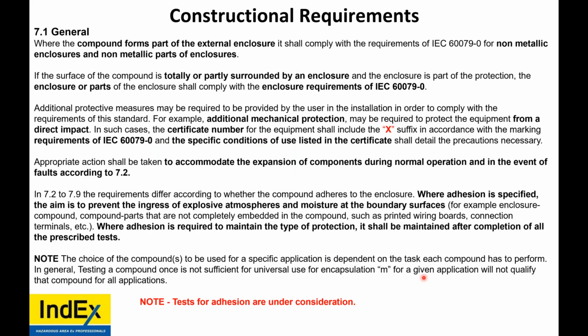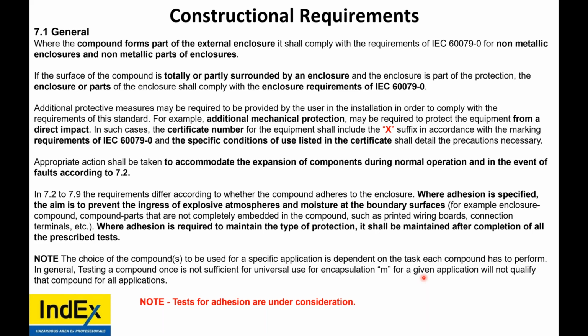Constructional requirements. There's a lot. The compound, where the compound forms part of the external enclosure, it shall comply with 60079-0 for non-metallic enclosures or for non-metallic parts of enclosures.